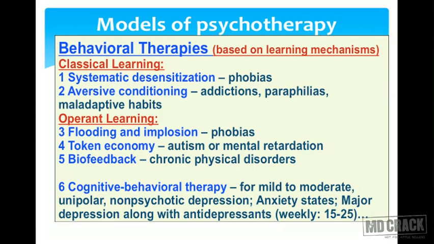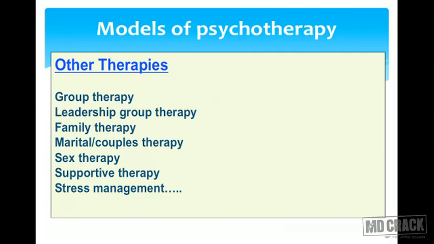The answer will be classical learning. So I just gave you a training on how to remember it, and these are the important things you need to remember. Flooding and implosion, token economy and biofeedback are based on operant conditioning, and systematic desensitization and aversive conditioning are based on classical learning. So this is regarding the behavioral therapies.